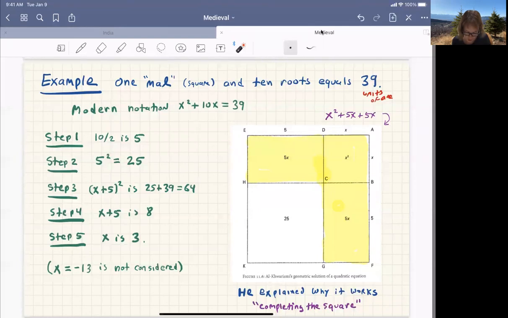So x plus 5 squared is 64, and therefore x plus 5 is 8. And then you get your x is equal to 3. So this is how Al-Khwarizmi solved quadratic equations. And it was using actual squares and building the squares and then figuring out what the answer would be based on actually completing a square.